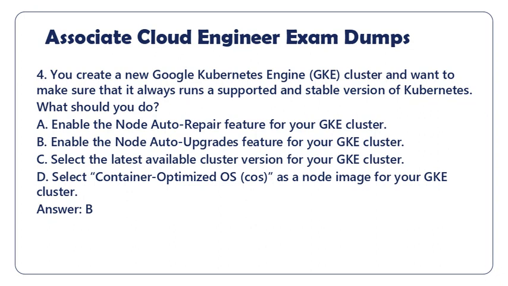B. Enable the Node Auto Upgrades feature for your GKE cluster. C. Select the latest available cluster version for your GKE cluster. D. Select Container-Optimized OS, COS, as a node image for your GKE cluster. Answer: B.